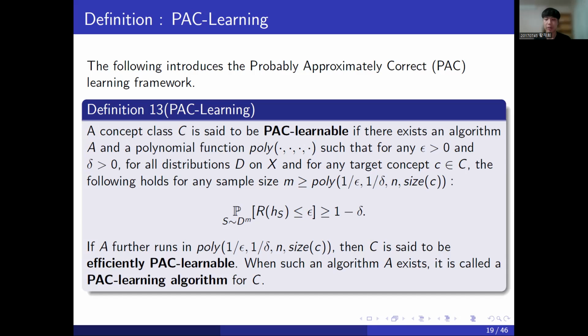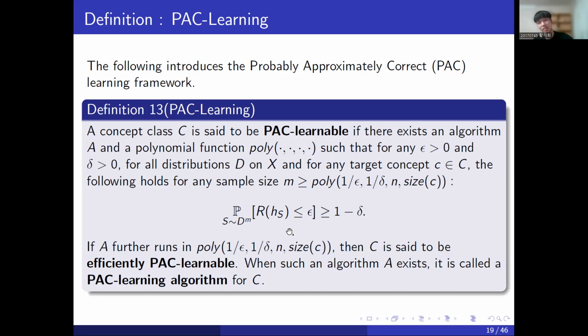Anyway, for large m these conditions are satisfied. In other words, with enough large inputs, the probability of low error, where low means less than epsilon, is greater than this value, 1 minus delta. Also note that we assume epsilon and delta are arbitrary positive numbers. Intuitively, in a one-sentence summary, PAC learnable means there exists some kind of efficient algorithm which returns quite correct answers. The definition of quite correct is this, which satisfies this condition.